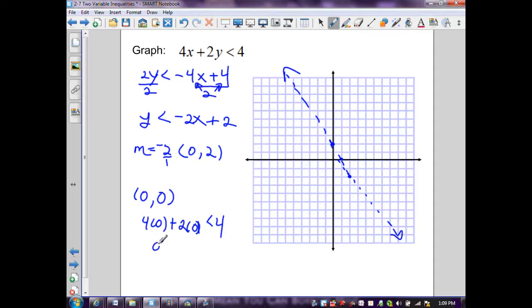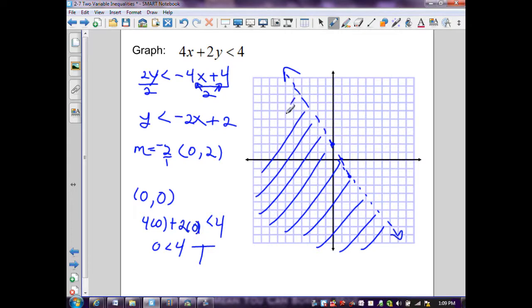That's going to give me 0 is less than 4. That is true. Therefore, all solutions are below the graphed line. So the shading represents all solutions to the inequality, but does not include the points on the dashed line itself.